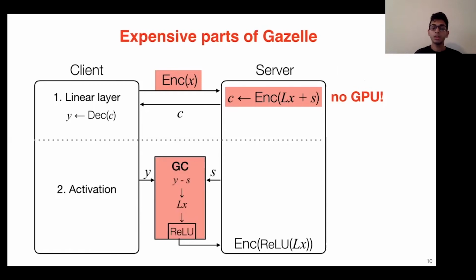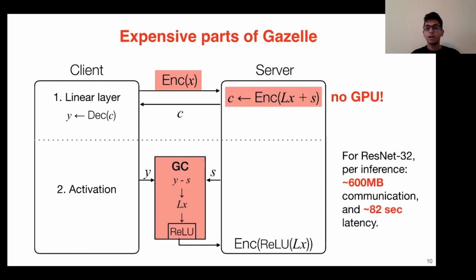And garbled circuits incur security parameter overhead compared to native execution. Put together, this results in 600 megabytes of communication per inference, and each inference takes 82 seconds to complete, which is unacceptable for latency-sensitive applications. Okay, so in Delphi, we tried to lower these requirements by optimizing each kind of protocol.